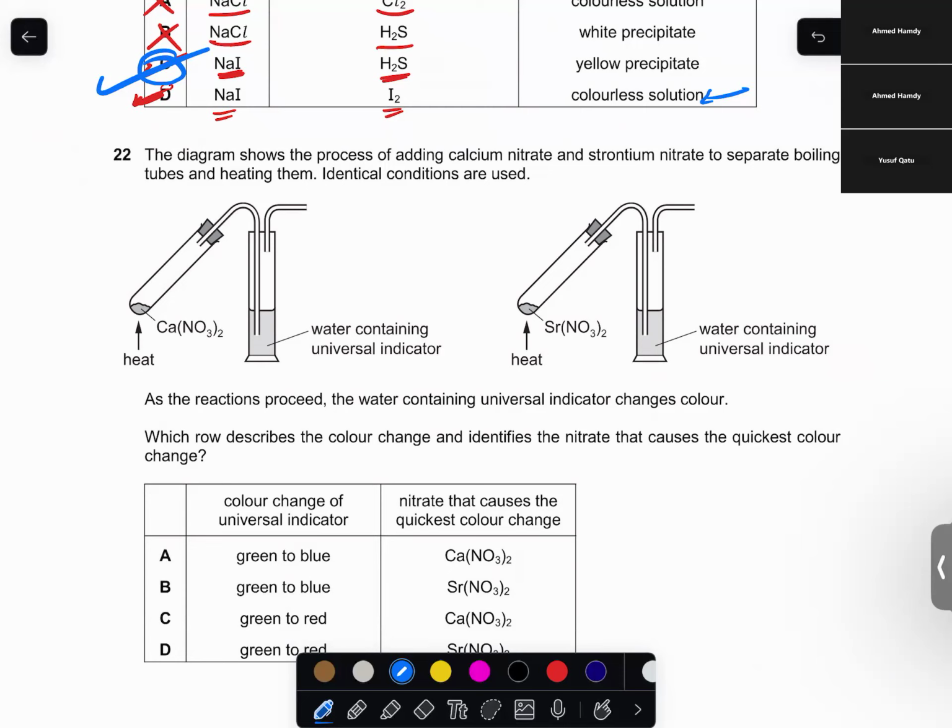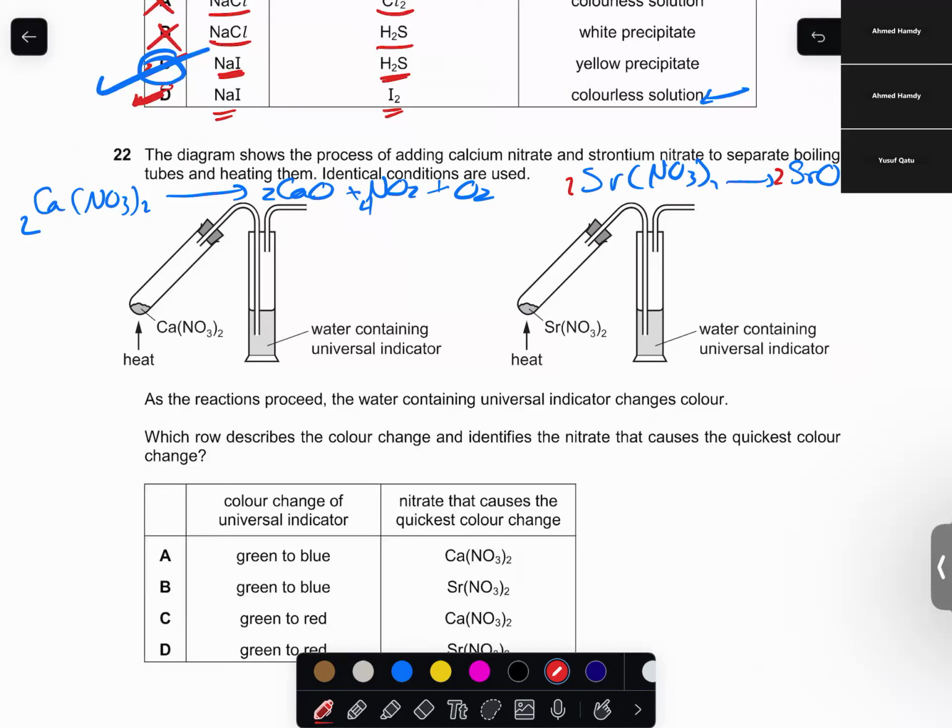Calcium nitrate when we heat it, it produces calcium oxide plus nitrogen dioxide plus oxygen. 2, 2, 4 for balance. Here, strontium nitrate, when we heat it, it produces strontium oxide plus nitrogen dioxide plus oxygen, and also 2, 2, 4 for balance.